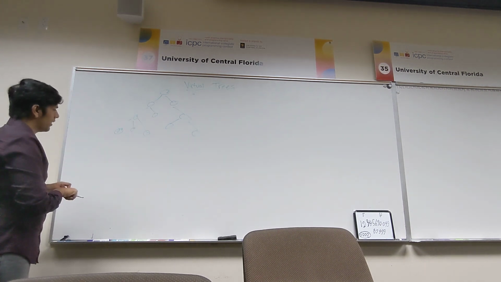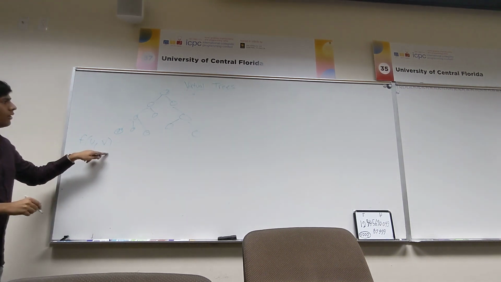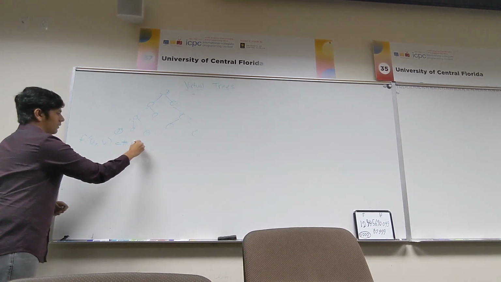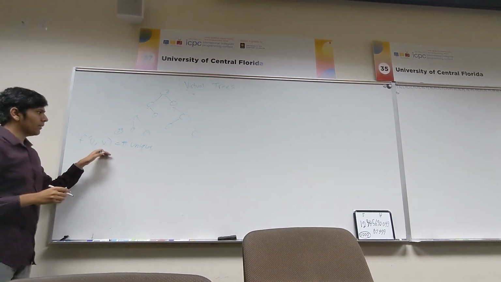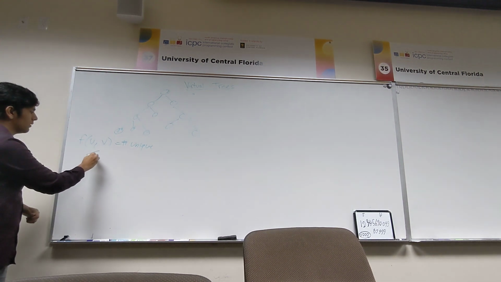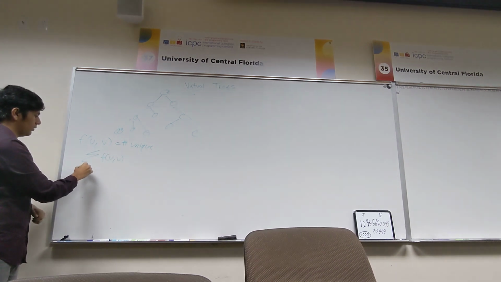You're given a function f(u, v), which is the number of unique colors on the path, okay?